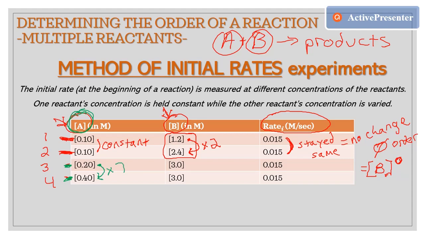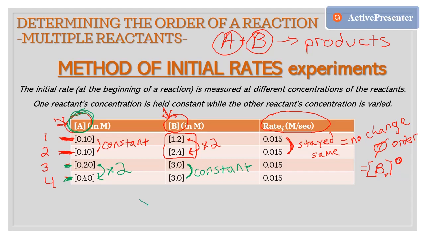So we doubled that. Now let's look over here in column B, the concentration of B. See how we kept B the same at 3.0 molarity? So we kept B at a constant.